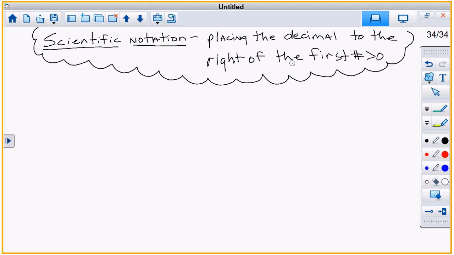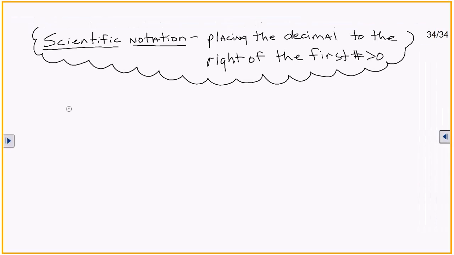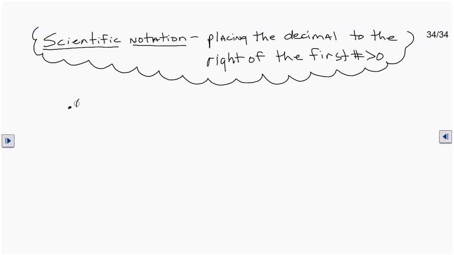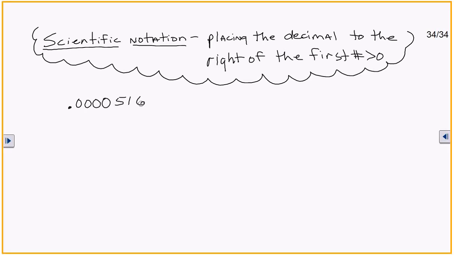Now, let's take a couple of examples. And this is a very small number. 0.000516. Now, let me go ahead and tell you something else. 90% of students that I talk to know how to change a decimal into scientific notation and a large number into scientific notation and a scientific notation into a large or a small number.